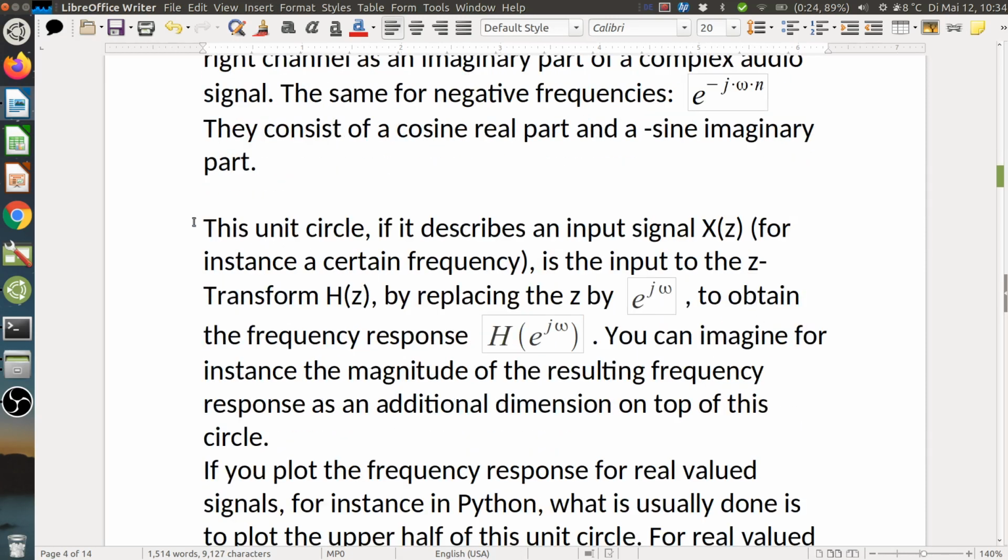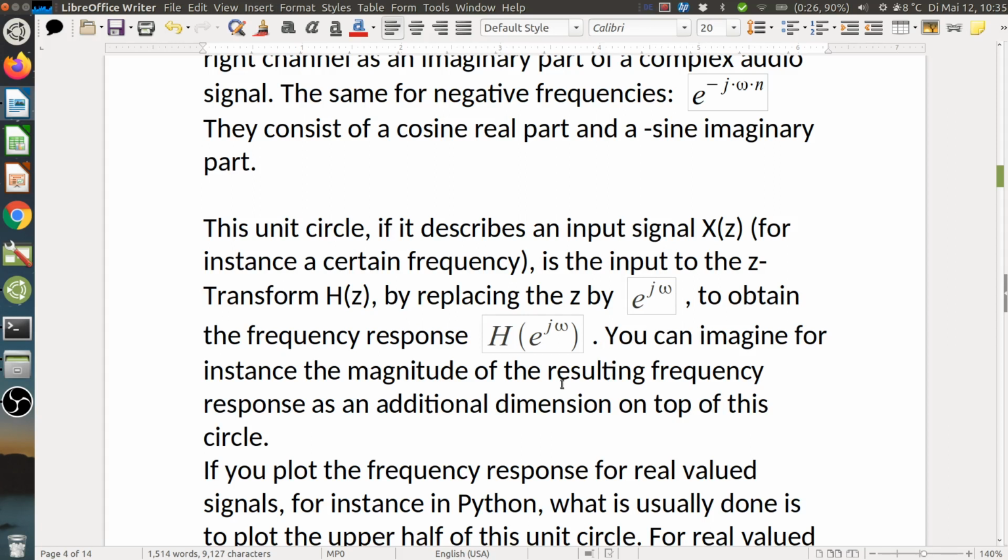So this unit circle, if it describes an input signal x of z, for instance a certain frequency, is the input to the z transform H of z, by replacing z by e to the j omega to obtain the frequency response H of e to the j omega.